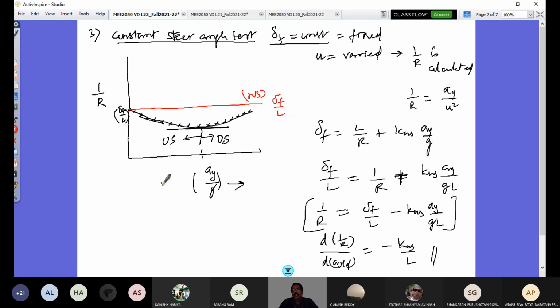And we are going to continue our learning from the next class, again shifting back to our bicycle model. In this particular lecture, keep in mind that in reality, your KUS would be varying, not a constant value in your vehicle.